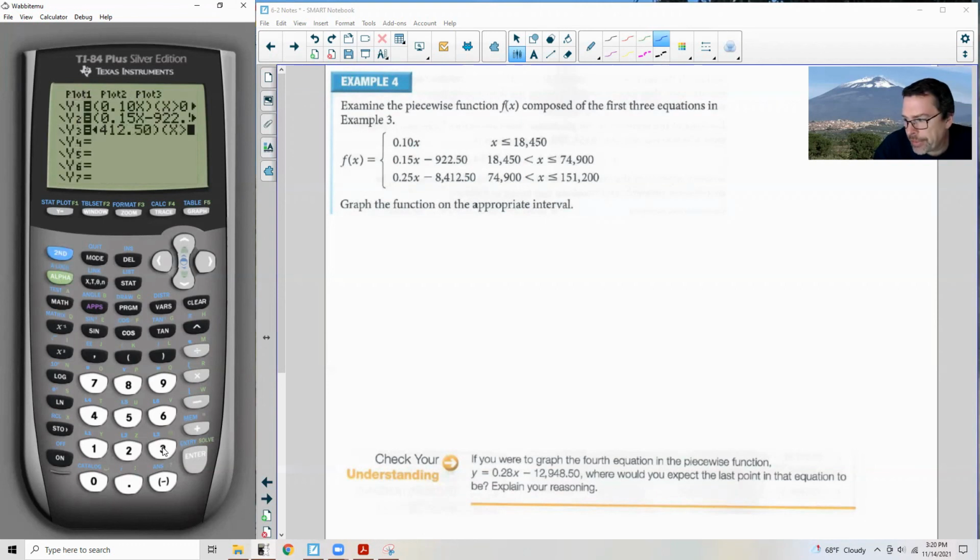We want x greater than our low bound, 74,900. And then we do second math, arrow over to logic, and second math 6 for less than or equal to, and 151,200, enter, graph. Okay, I know I forgot my parentheses on that, so I'm going to go to it.